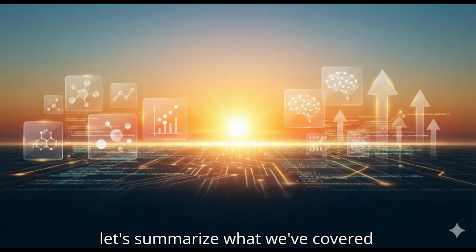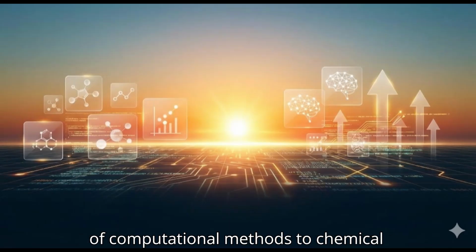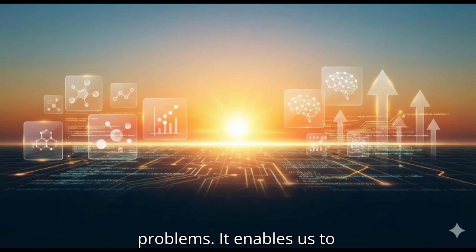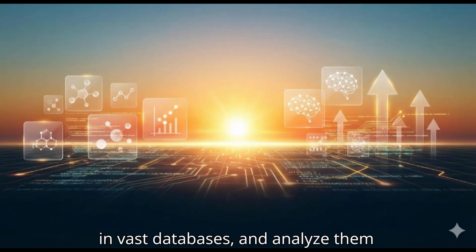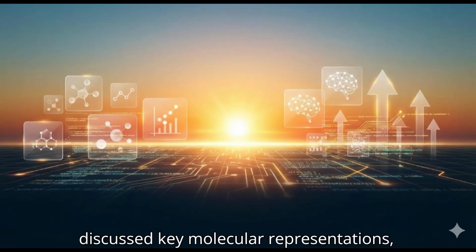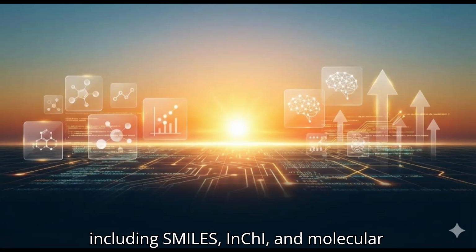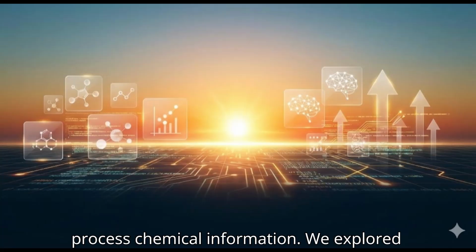Now let's summarize what we've covered today. Cheminformatics is the application of computational methods to chemical problems. It enables us to represent molecules digitally, store them in vast databases, and analyze them using sophisticated algorithms. We discussed key molecular representations, including SMILES, InChI, and molecular fingerprints that allow computers to process chemical information.